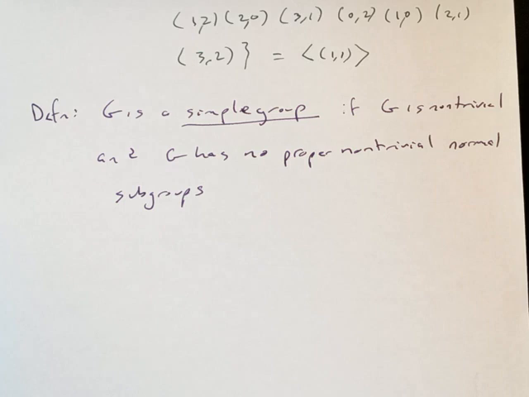Normal subgroup. In other words, the only normal subgroups I can find are the whole group, which is trivially normal, and the identity, which is vacuously normal.